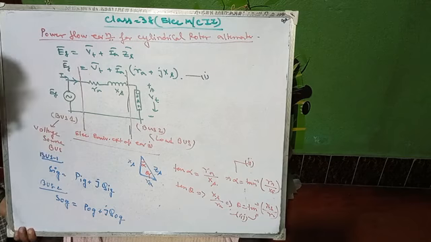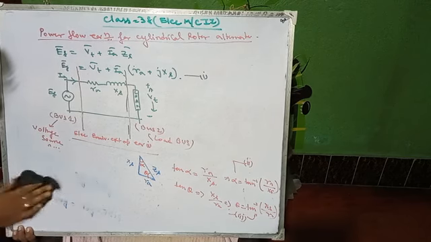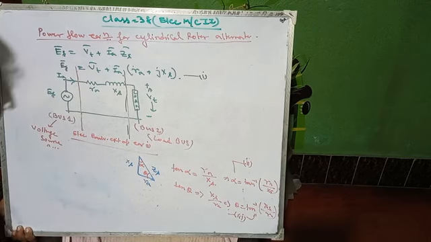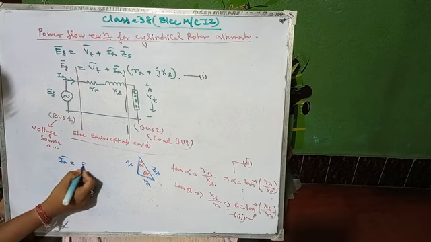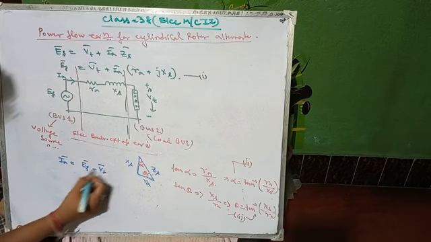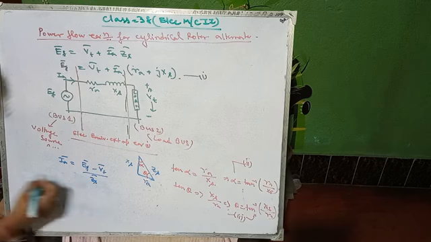From equation 1, Ia equals (EF minus Vt) by Zs.